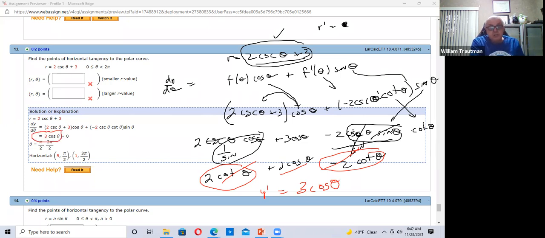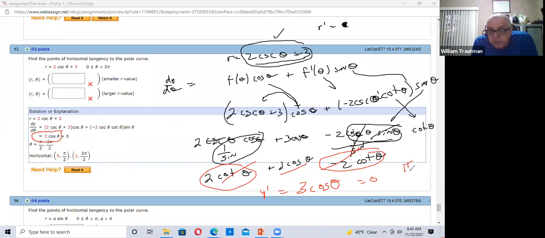And once again, to find the horizontal tangency, set it equal to 0, cosine theta equals 0. And where is cosine theta equal to 0 on my unit circle? At pi over 2 and 3 pi over 2.